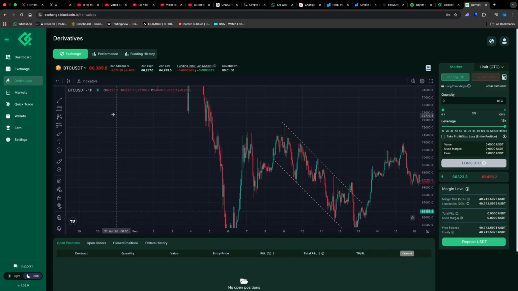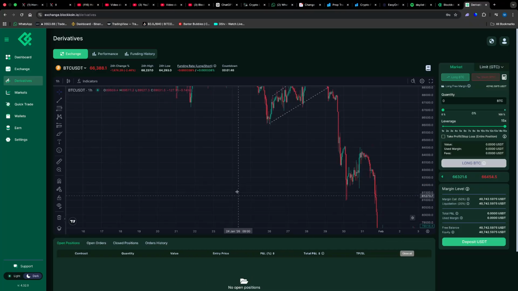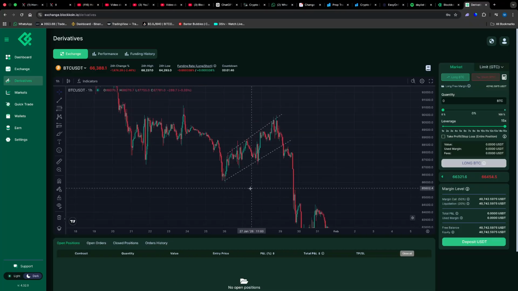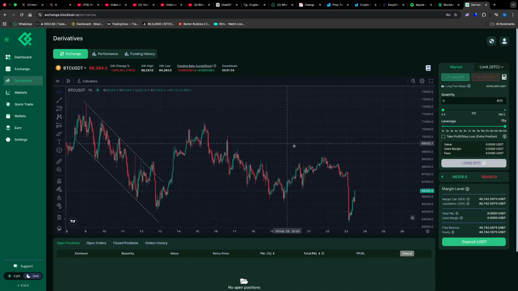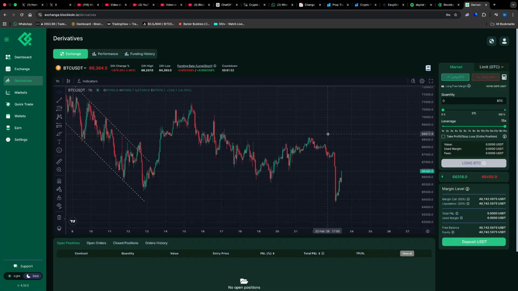With a bullish trend, always try to buy at those support levels and always target your resistance. And just like we said with ranging, always try to buy at support and sell at resistance, or at least near those levels.